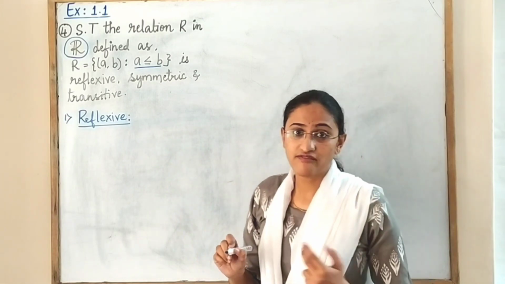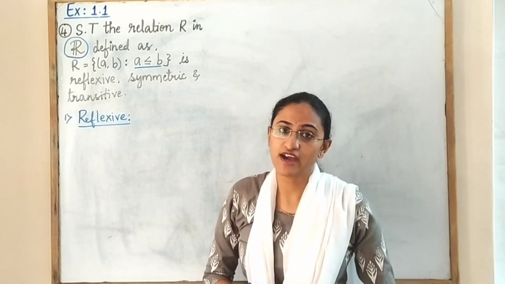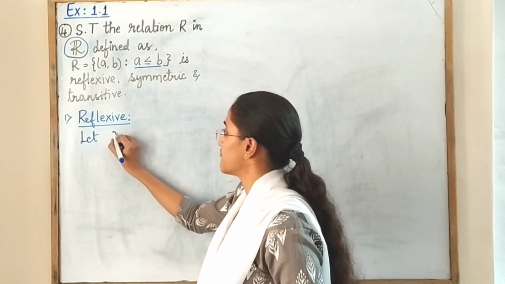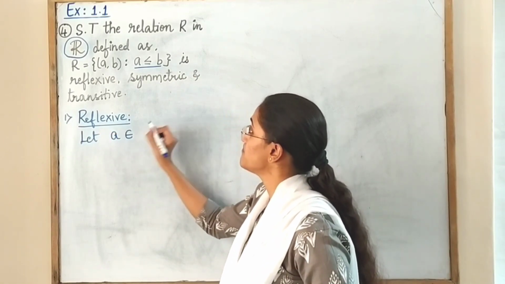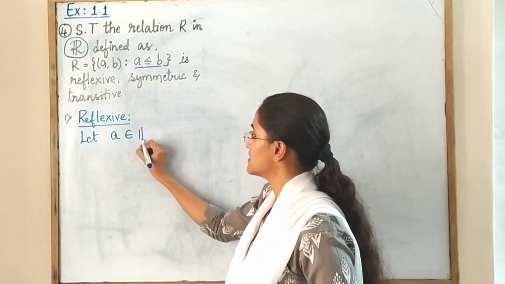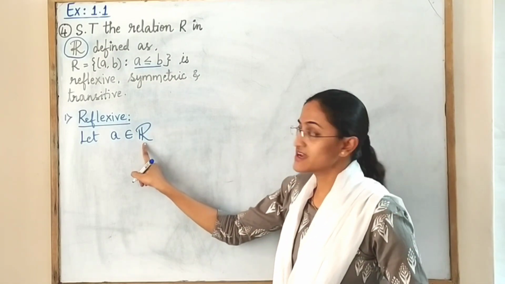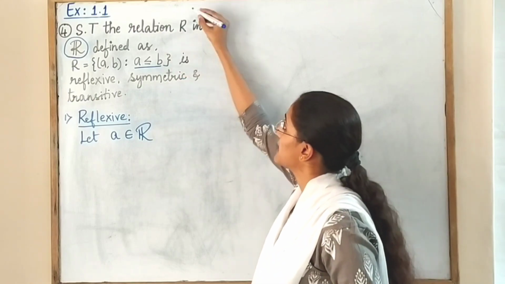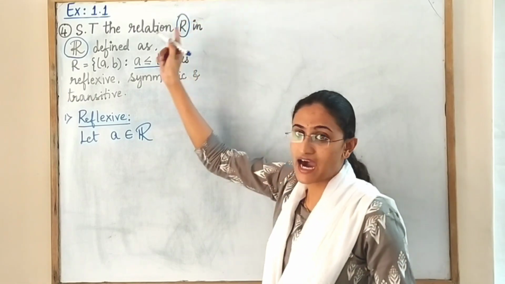Now, for the reflexive relation, you need to take one single element, and hence I shall choose one single element from the set R. This is the set of real numbers, and if I'm writing like this, this is the set relation.